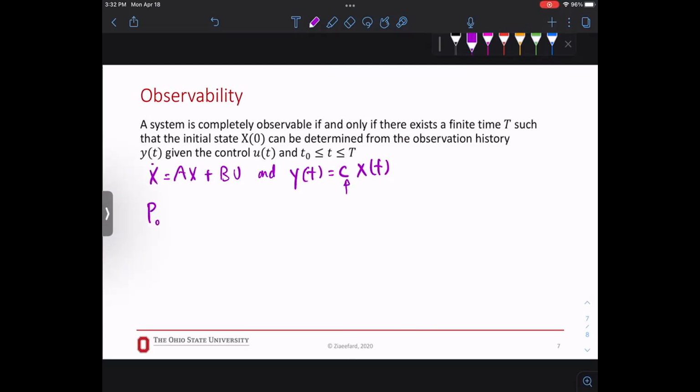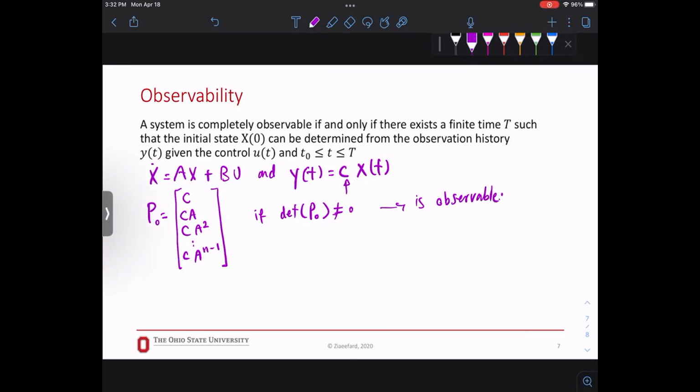Your P of observability is going to be C, CA, CA squared, up to CA to the n minus 1. Now, when you create this, if the determinant of P of observability is not 0, the system is observable.